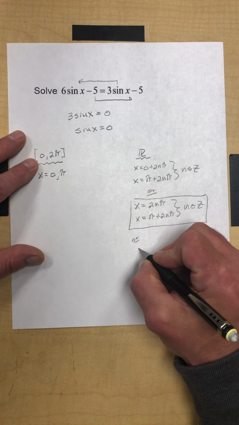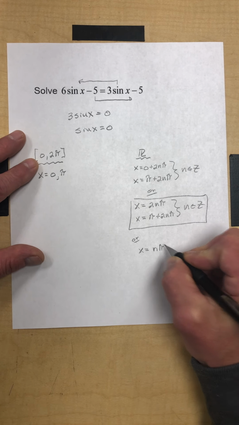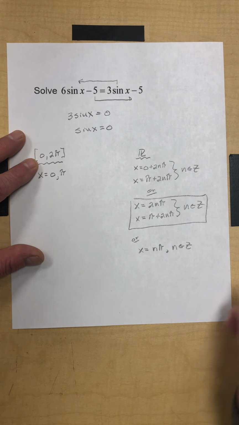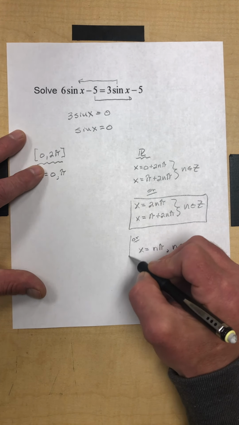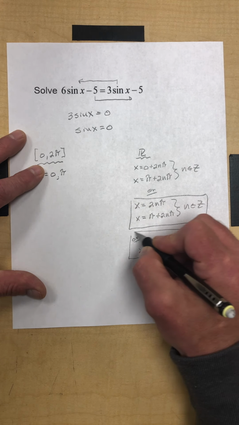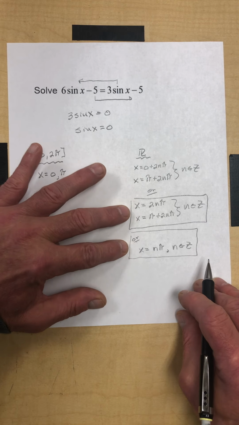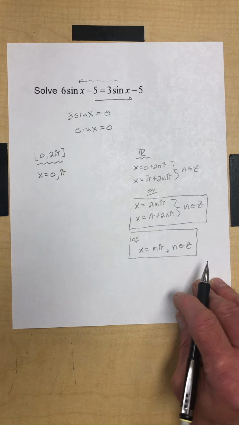So couldn't I just say x ends up being n pi, where n is any integer, like that? Okay, there's another way. Okay, so we got two different ways, and I think they're both acceptable to represent your answers. And I think both of these are better than this up here, although technically this is correct. Okay, I like that guy. Let's get that guy out of here.